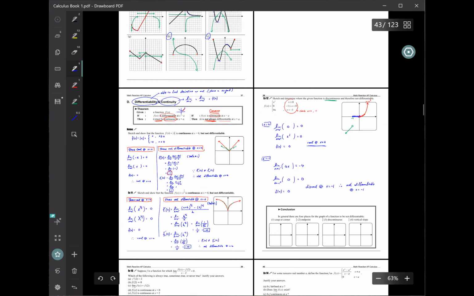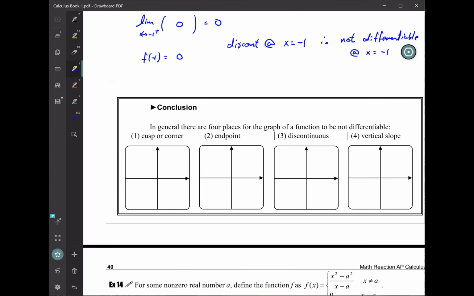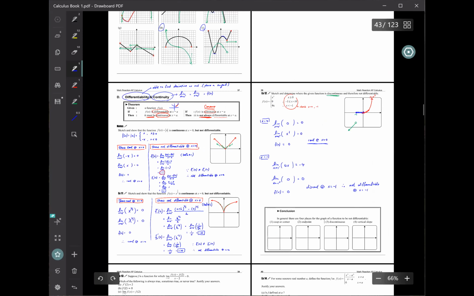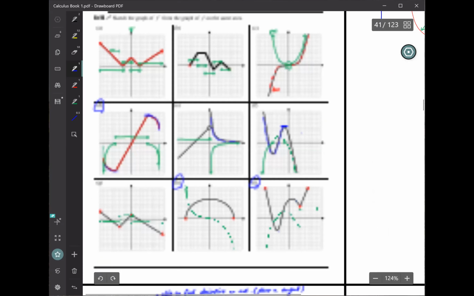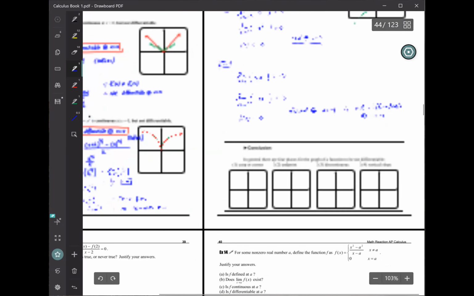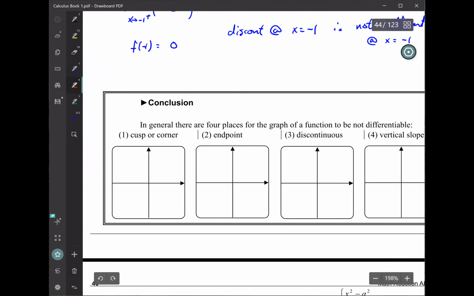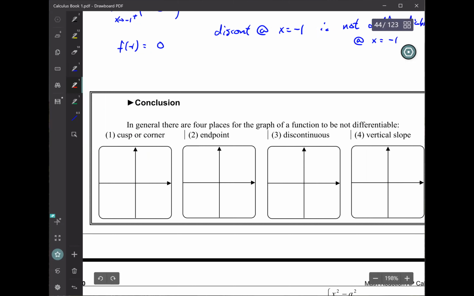All right. If nothing, let's make a conclusion here. Based on all the examples up to now, even from the graph here, there are places that are not differentiable. Those are the places you have to memorize, so when you see the graph, you know right away it's not differentiable at those places. First place is when you see a cusp or corner. Basically, it's a sharp point.